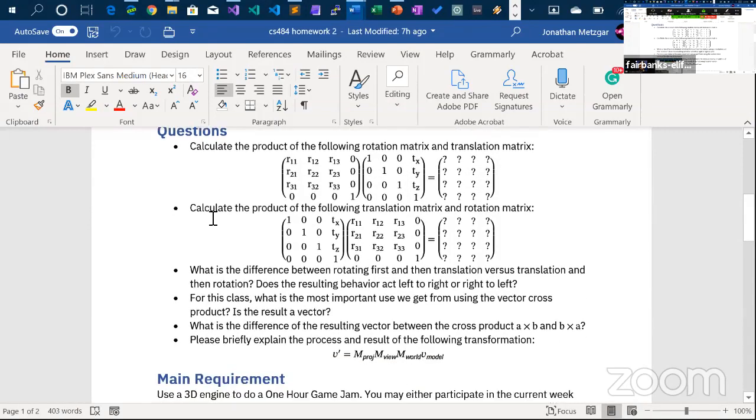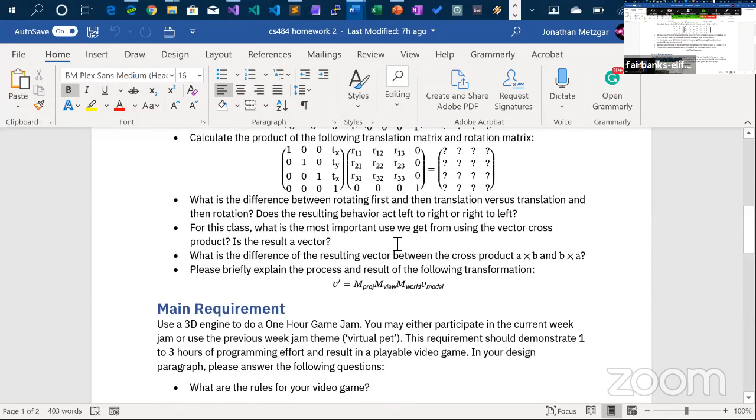Okay, and I want you to think about this kind of stuff, because when you're debugging how something's moving on a screen and you're using these matrices, you need to be able to understand what's happening and why it's happening. And then the second half is kind of trying to understand the vector cross product. Last time we were talking about the dot product, and the most important information on that is the cosine of 2 vectors.